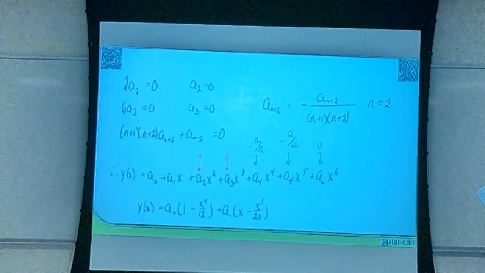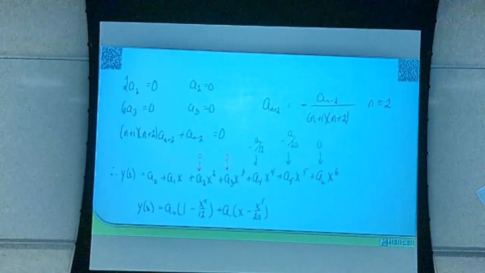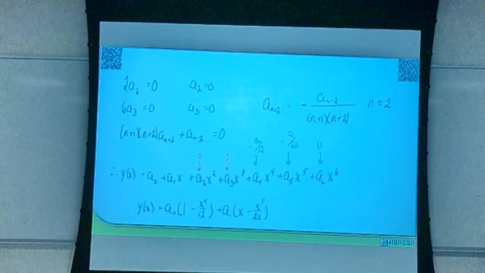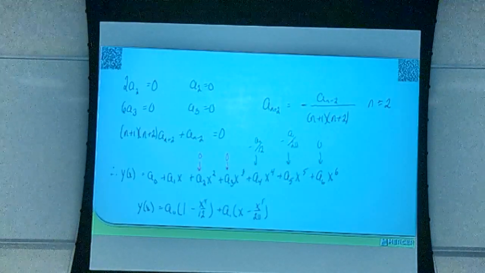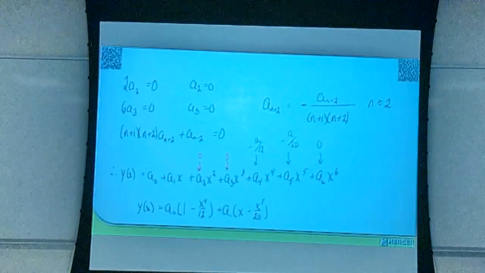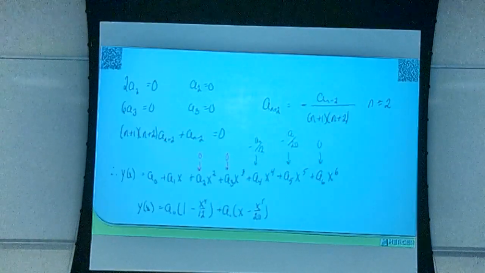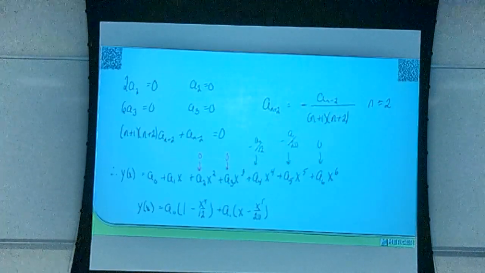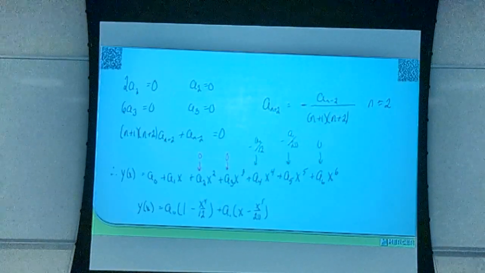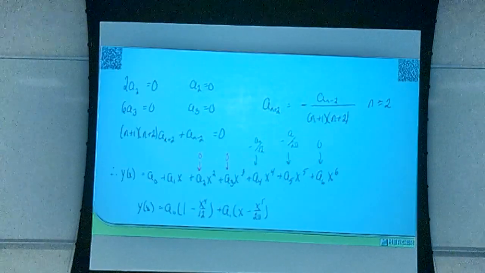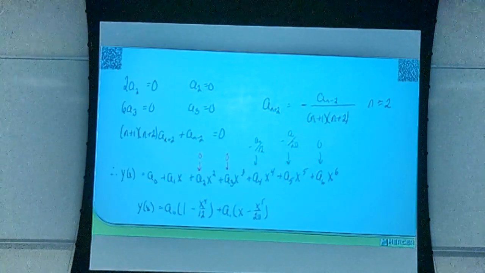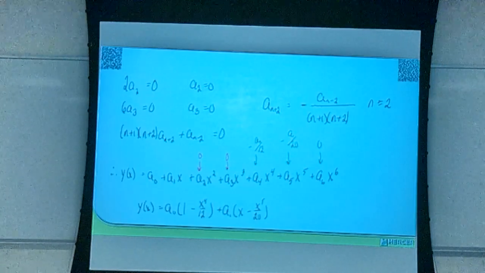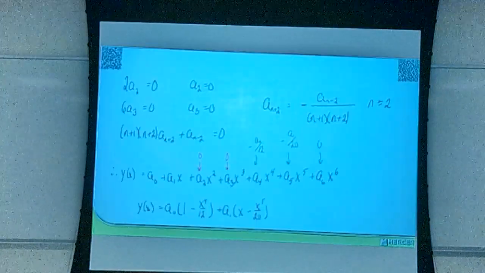I'm just going to assume that they're wrong, because I don't think I made any arithmetic or algebra mistakes here. I got the same recurrence relation.